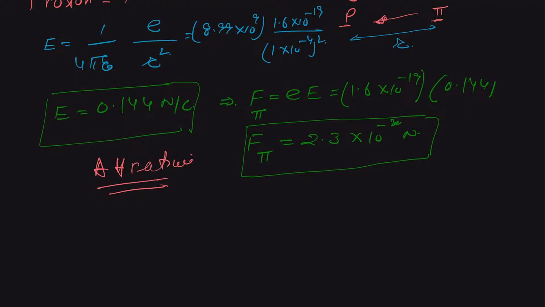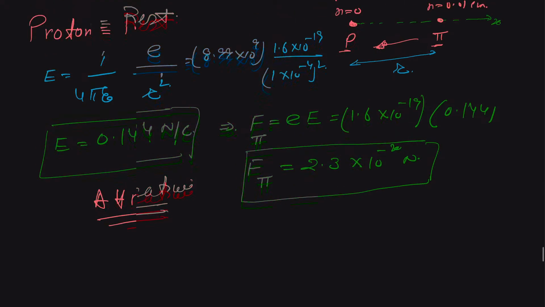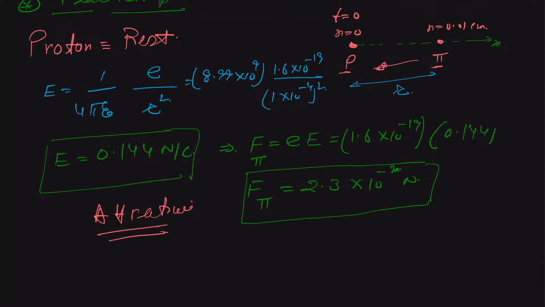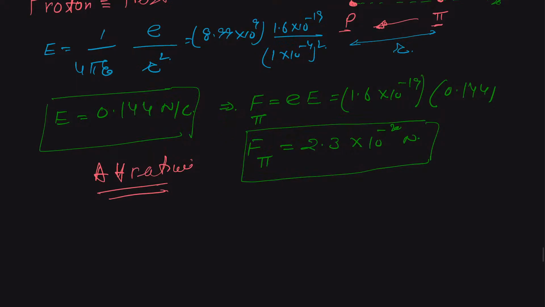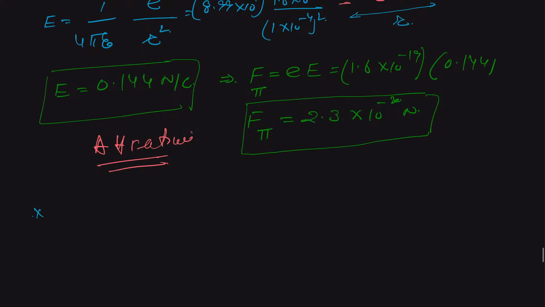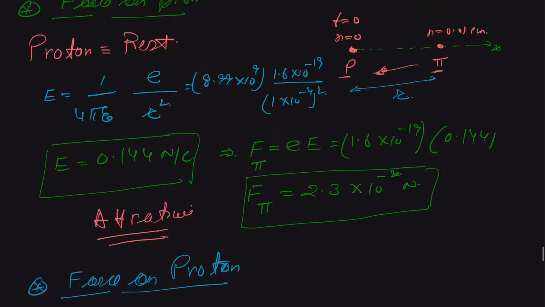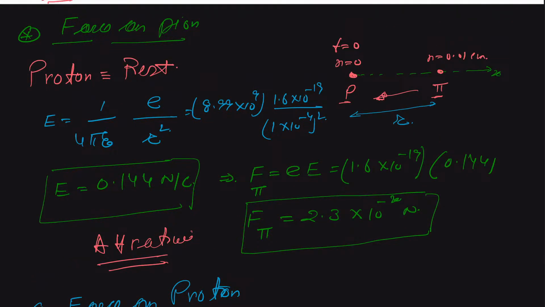And now we are going to find out the force on the proton. Now in this case we can clearly understand the difference. Let me write it first of all. In the second part we are going to find out the force on proton. When we found out the force on pion, our proton was at rest.